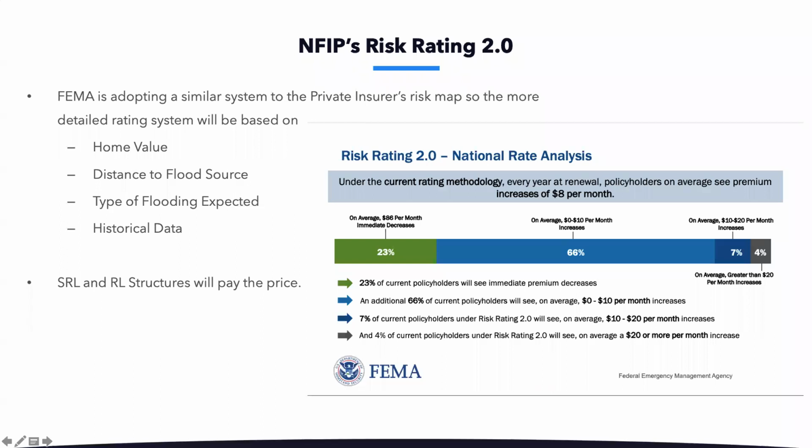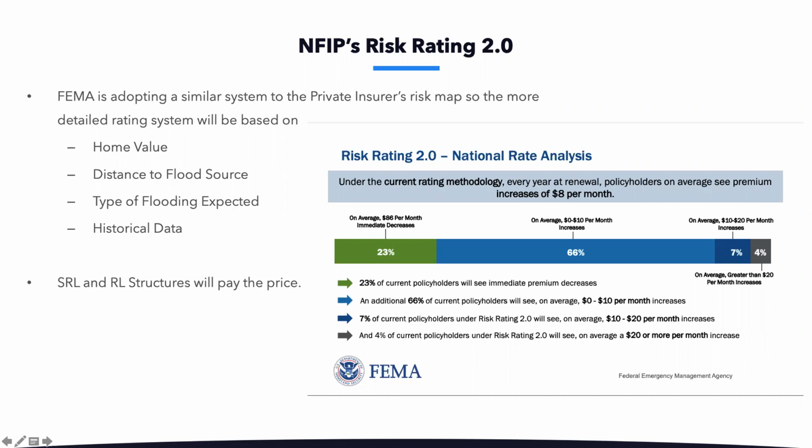The challenge is over the last couple of years, the NFIP has been losing some of their better clients, their better homes to the private market, because the private market wouldn't necessarily care as much about elevations. It would look at historical data, it would look at future data, things like that, okay? So now FEMA has adopted a similar type of thought with Risk Rating 2.0.